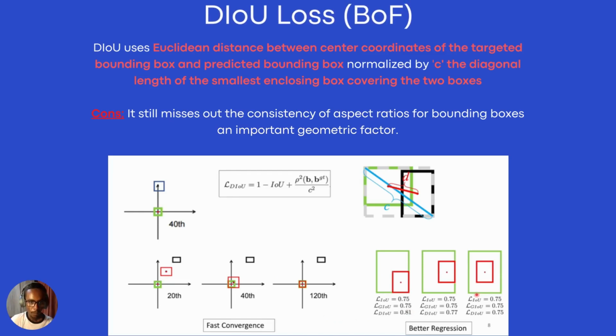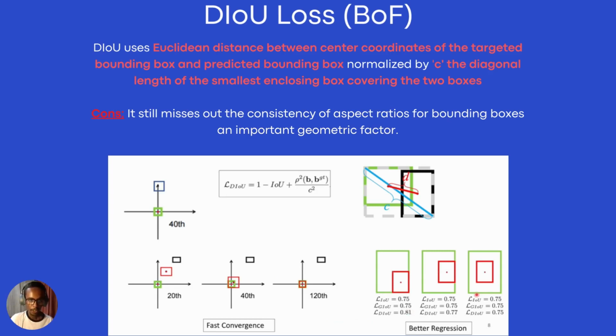So in order to solve the problem between their centers, the DIOU loss was introduced. The DIOU uses the Euclidean distance between the center coordinates of the target bounding box and the predicted bounding box, and it's normalized by C, the diagonal length of the smallest enclosing box covering the 2 boxes.